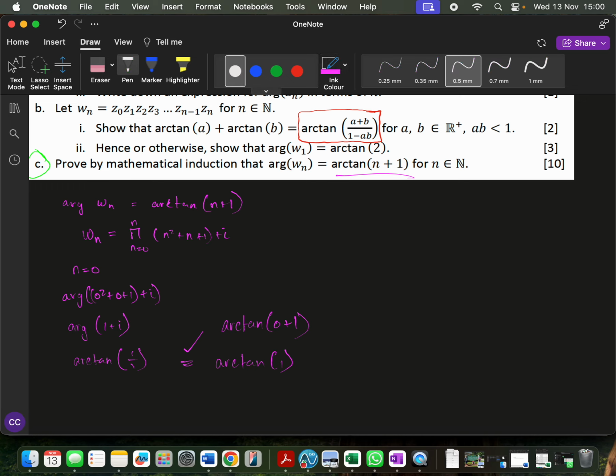The next thing we have to do is, when n equals k, we're going to assume that this is true.